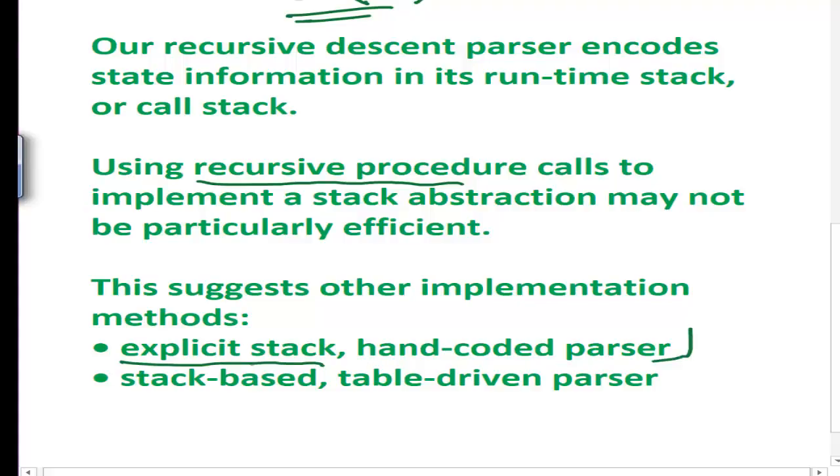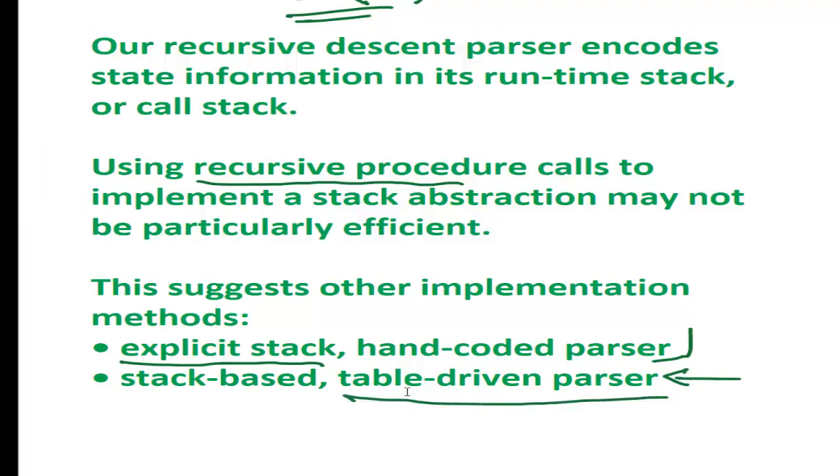But the most efficient one, which I talk about today, is a stack-based table-driven parser. We prefer a table-driven parser because building tables can be automated. We can use a pushdown automaton, and we can have tools which build this table for us, so it's going to be very fast and efficient.